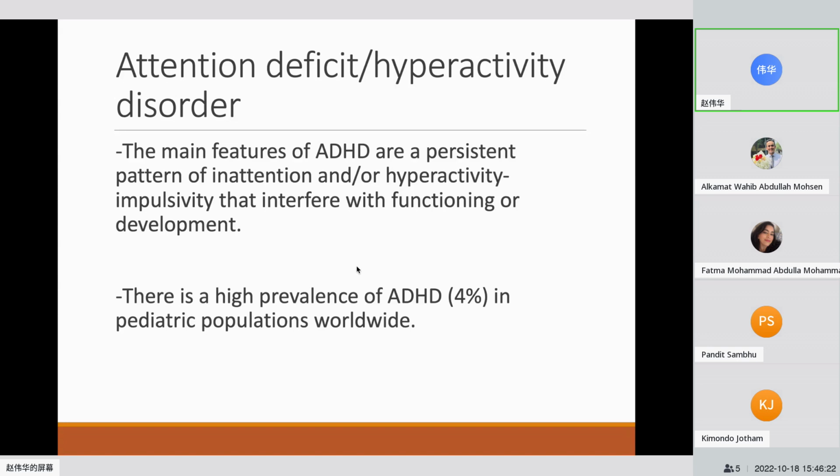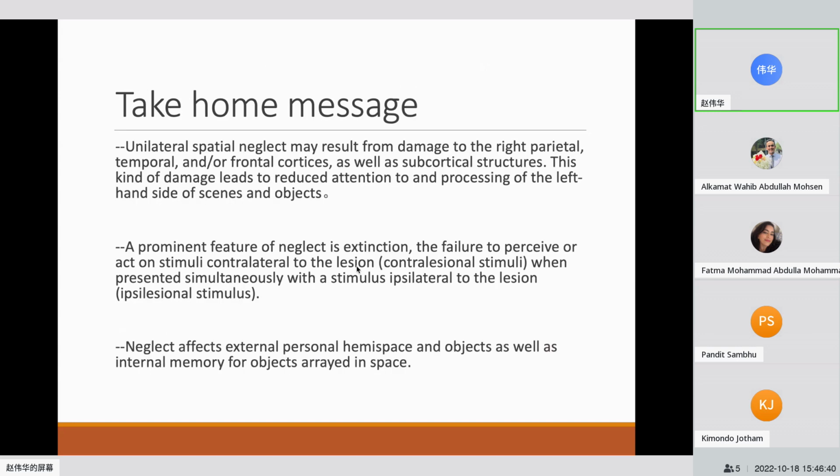This disorder has a high prevalence, maybe about 4% in pediatric populations worldwide. Later, I will show you some introduction to ADHD, but at the end, the take-home message, I don't think I need to repeat the take-home message. It's about these two different diseases.